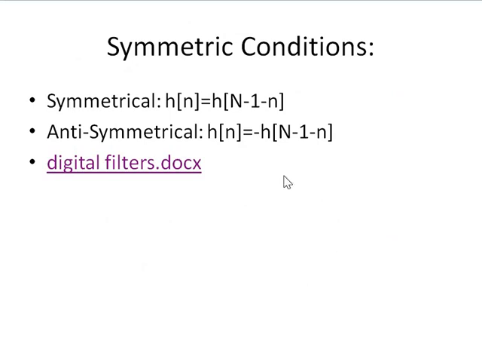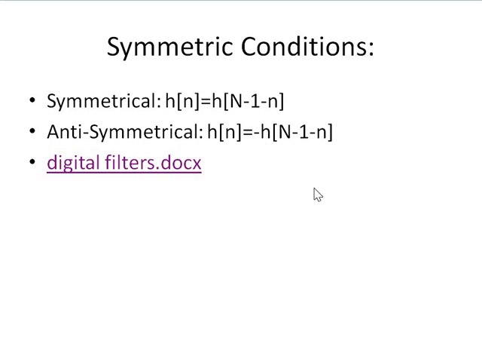Okay, that is given here. See these symmetric conditions, very important. For symmetrical, h of n should be equal to h of capital N minus 1 minus small n, and for antisymmetrical, h of n is equal to minus h of N minus 1 minus n.